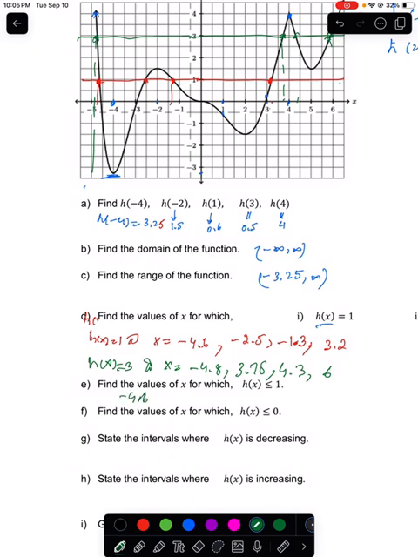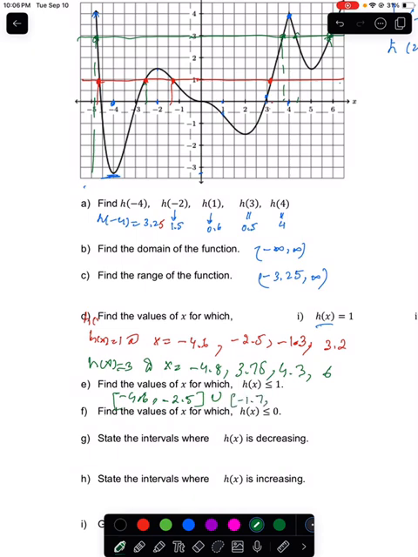So negative 4.6 comma negative 2.5, union negative 1.7 to 3.2, union.